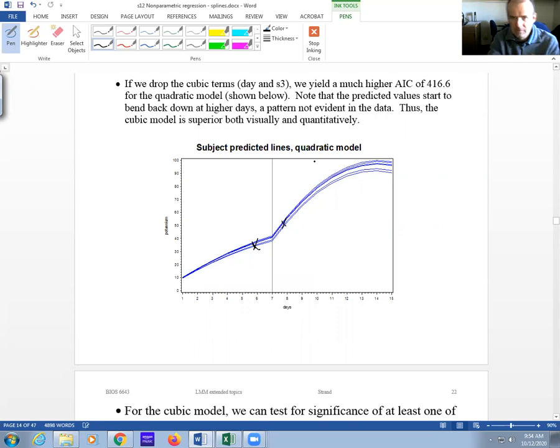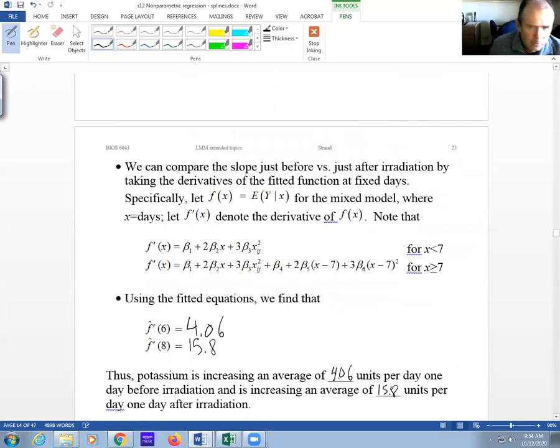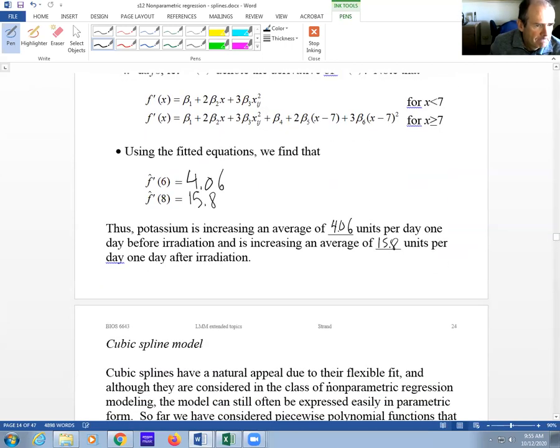I always encourage people to eyeball, like, we use these complicated methods, but always go back to your graph and see if your results make sense. And so it looks like that looks correct. So there's about a 4-fold increase in the rate of change in irradiation. Okay.